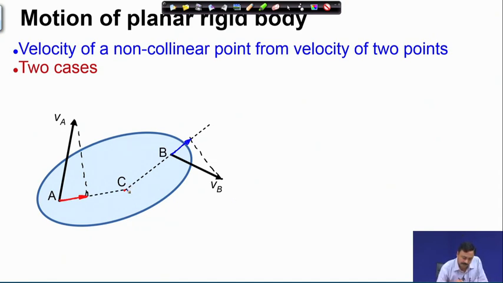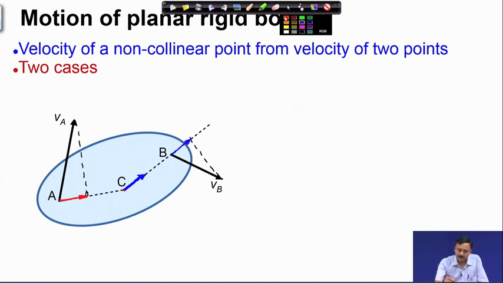So, therefore, C along the direction CB must have this velocity. Once again, please remember, this blue vector that I have drawn at C is only the velocity of C in the direction CB, it is not the velocity of point C.